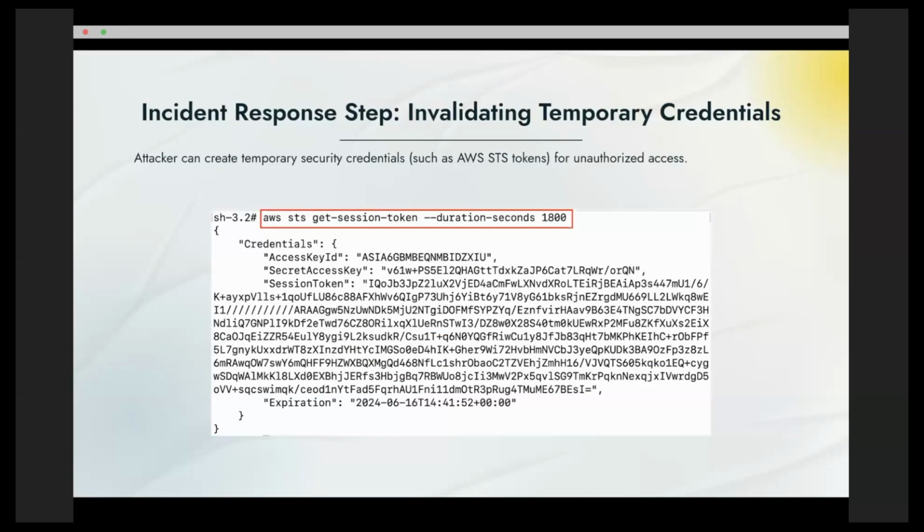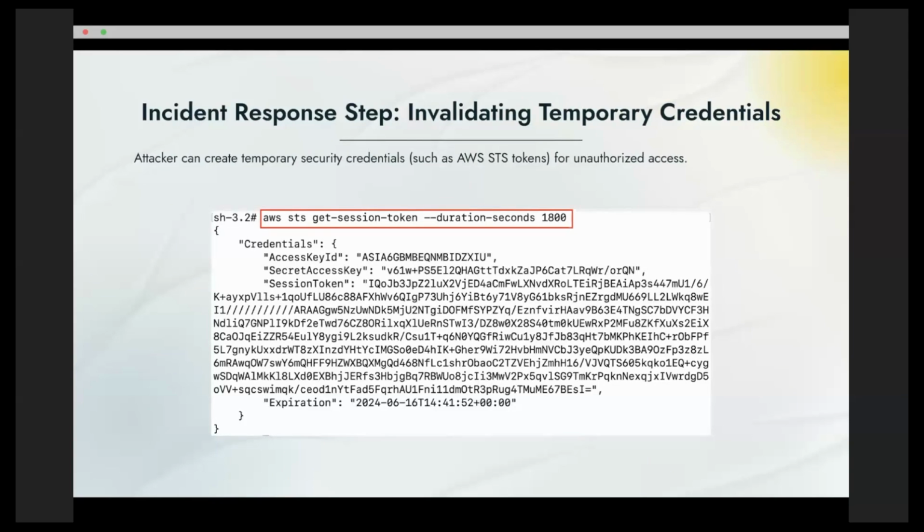The other part to this is that before disabling the credentials, or before the AWS team attaches the quarantine policy to the IAM entity associated with these leaked credentials, it is likely possible that the attacker used those long-term compromised credentials to generate temporary security credentials using AWS STS tokens. These temporary credentials function very similarly to the long-term credentials, except that they come with an expiration duration.